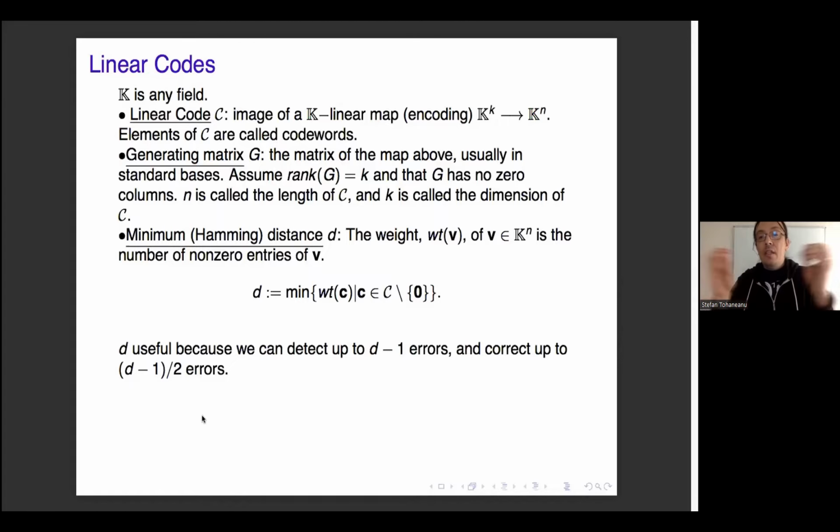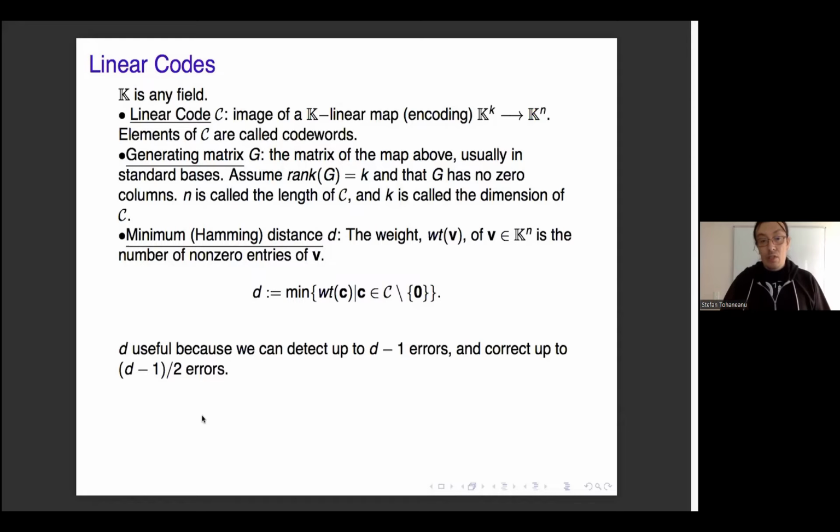When we send this message, the channel, which can be airwaves or satellite or even a CD that you play, might introduce errors.